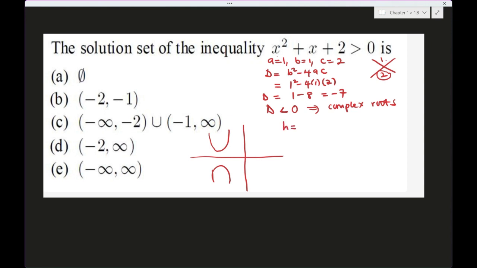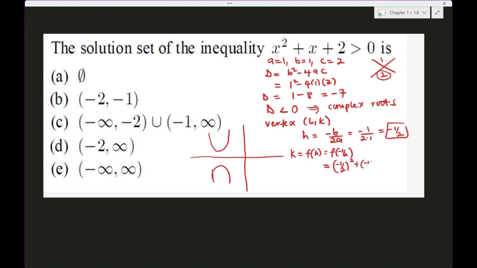So now let's find h first, because we need the vertex, which is (h, k). h is given by minus b over 2a. So this is minus 1 over 2 times 1, which is just minus half. That is h. Then k is nothing but f of h, which is f of minus half. Just plug minus half into the equation: minus half all squared, plus minus half as well, then plus 2.